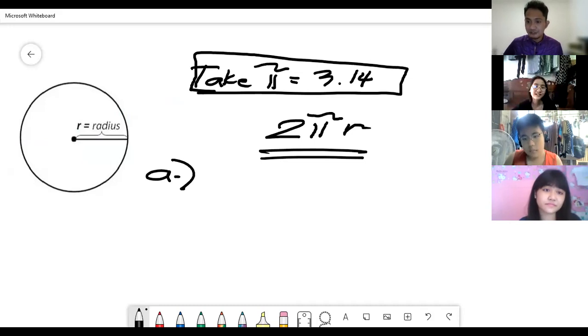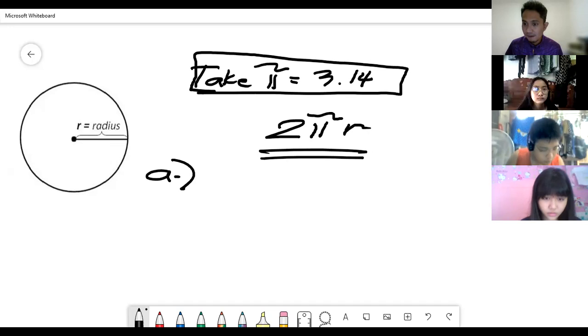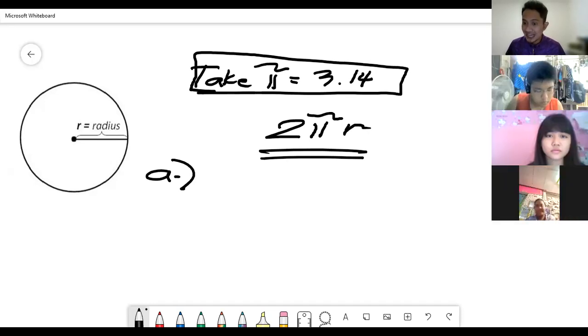Letter B is a diameter. If you see a diameter, divide by 2. For example, diameter letter B is 160. What is the radius? What is half of 160? 80. So we will use 80.